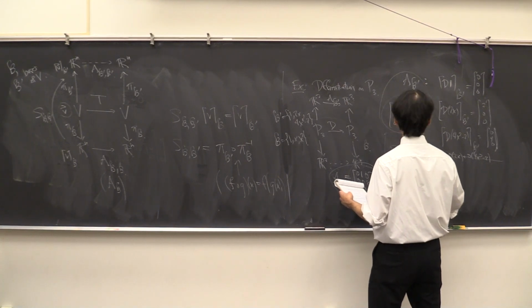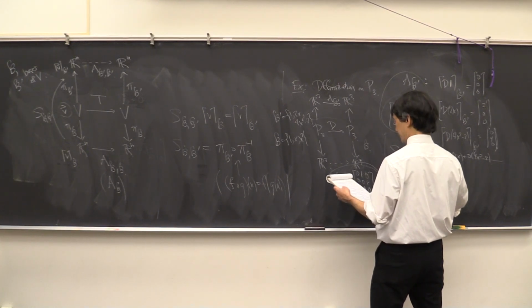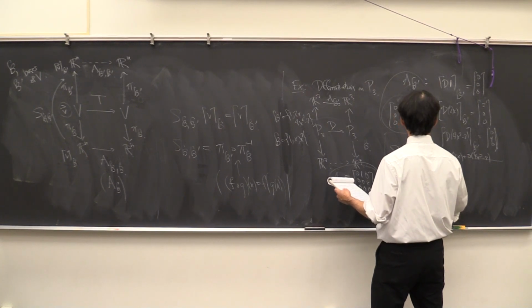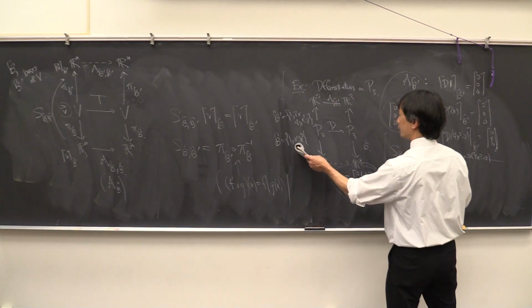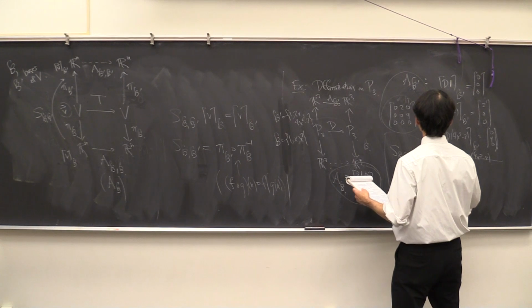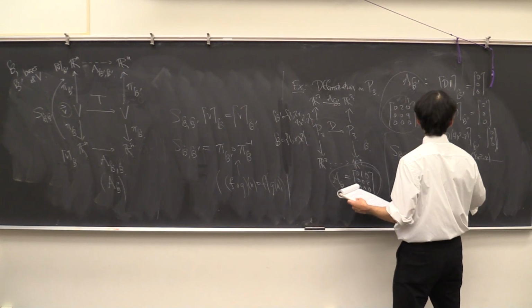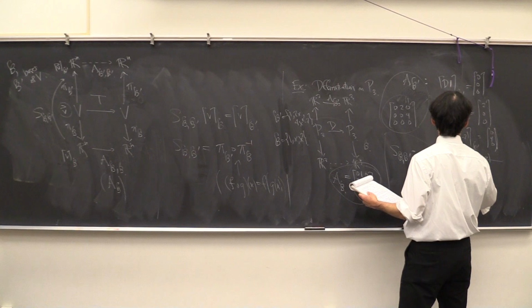X is 0 of the first, plus 1/2 of the second, plus 0 of the last one.